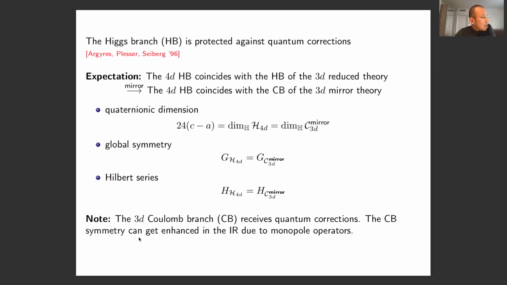But I should note that this is a relation between the Higgs branch and the Coulomb branch. The Higgs branch is classically exact, but the Coulomb branch can receive quantum corrections. And symmetry on the Coulomb branch can get enhanced also from the description of the Lagrangian. This is due to usually monopole operators.